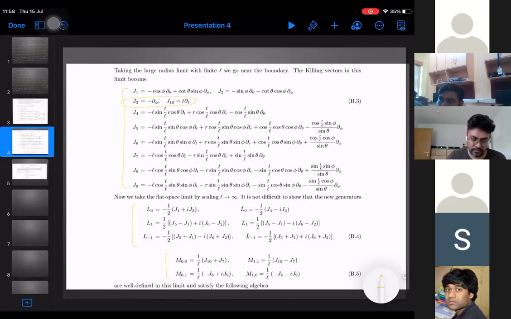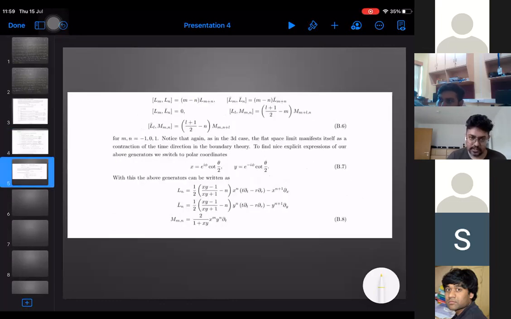So your L0 is basically J4 plus iJ3, and your L0 bar is J4 minus iJ3, and so on, doing some kind of combinations. Similarly, you have M0.